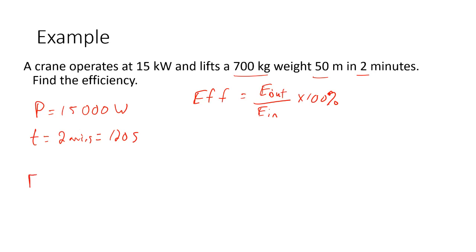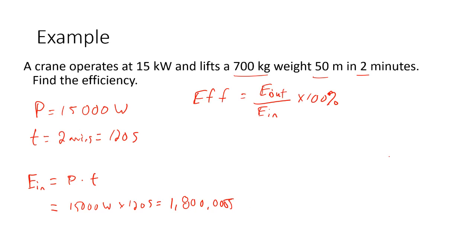My energy input is going to be the electricity that's needed, so that'll be power times time: 15,000 watts times 120 seconds. That'll be 1.8 million joules. That is going to be our energy input.